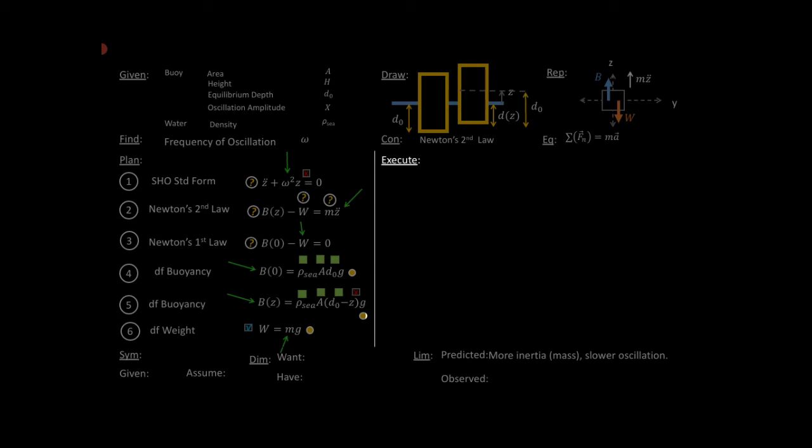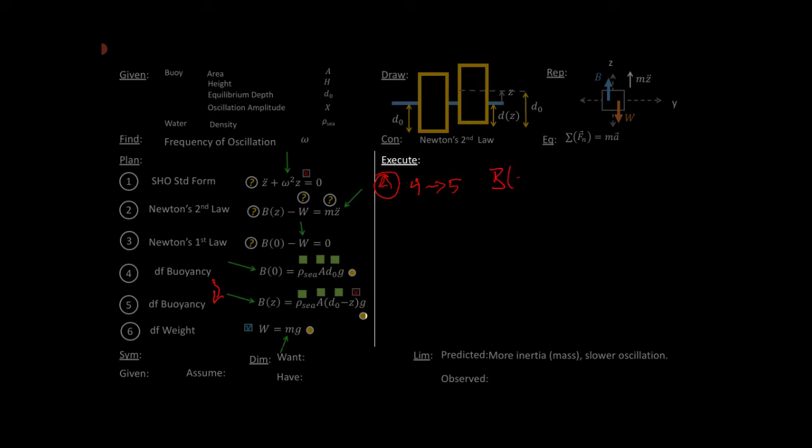Next, we need to execute on that plan. We've got all these guys here to work with. So let's go through it. We might have to start writing over this eventually, but that's okay. So when we start our plan, step A, let's go ahead and substitute 4 into 5. So that would be the buoyancy B0, the equilibrium, into the formula for BZ.